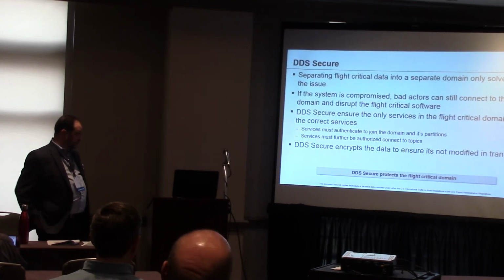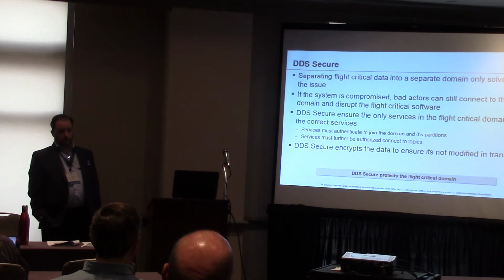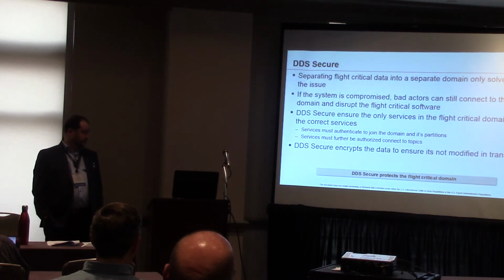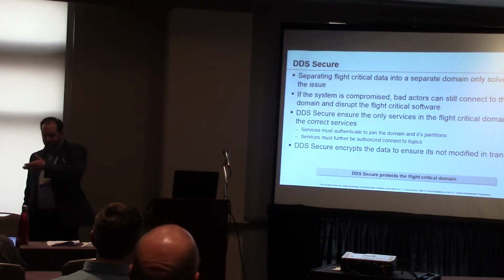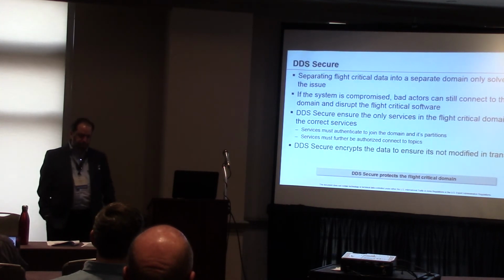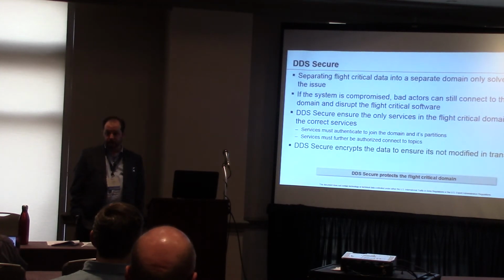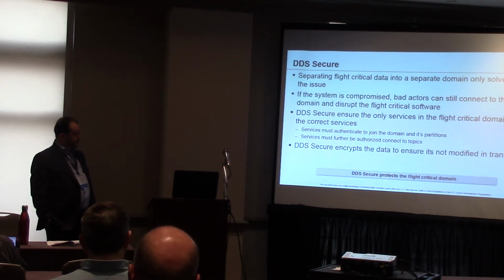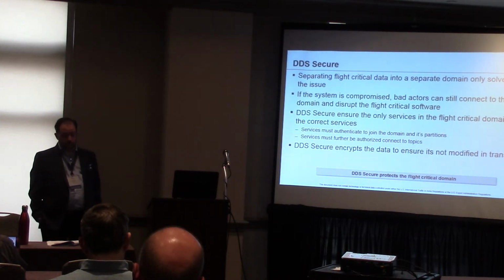So the last bullet, right, we're going to have to encrypt all of the data as part of our safety requirements. As data passes from service to service, it will get encrypted and unencrypted. So we need to look and understand what the impact will be on the system from a performance perspective.